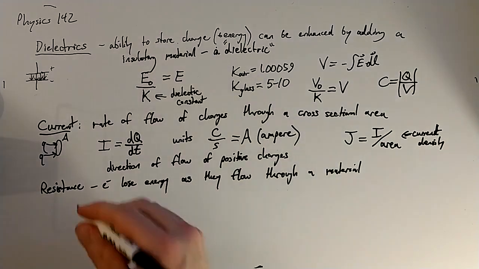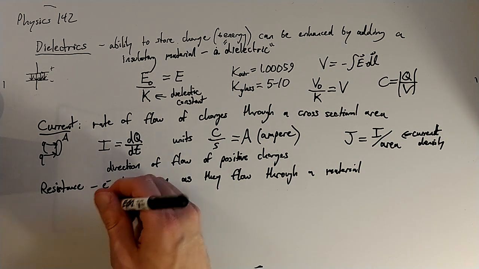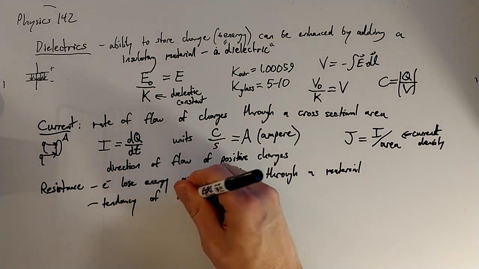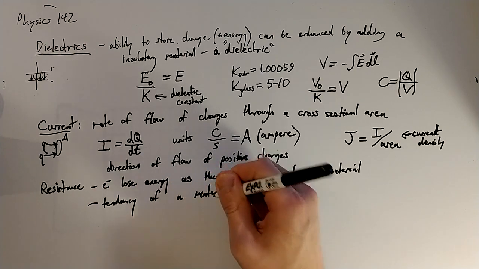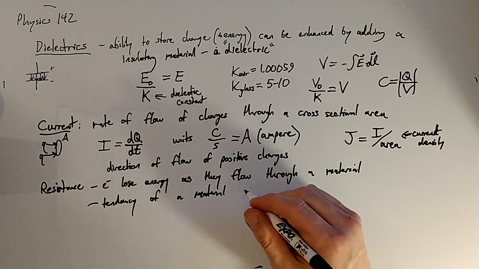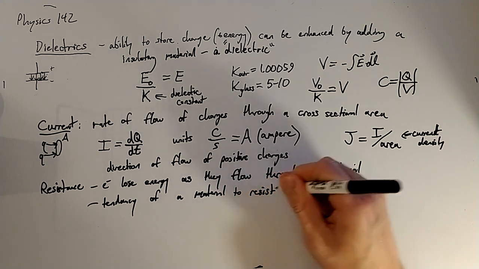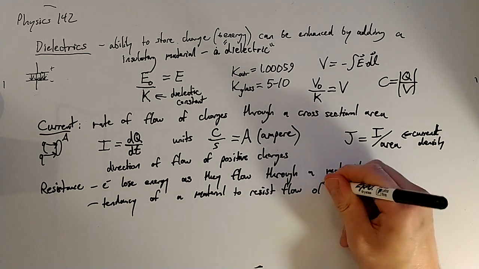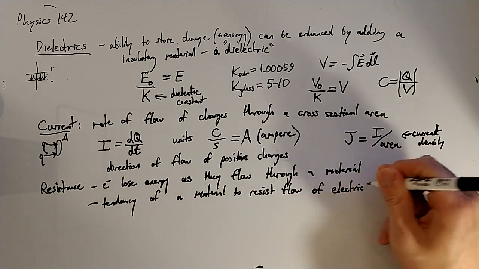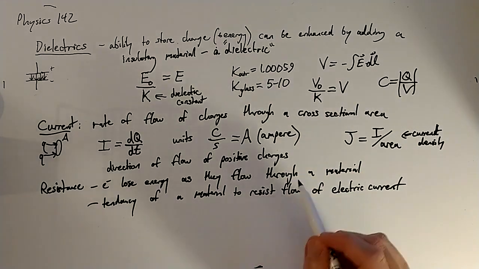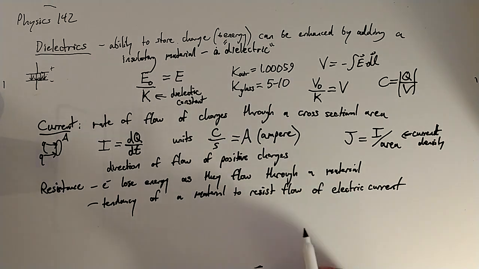And resistance then is the way that we quantify the tendency of a material to make that energy loss happen, or we say to resist flow of electric current. So resistance is this idea of losing the energy. Basically, it resists flow and keeps the electrons from taking that energy from one spot to another spot.